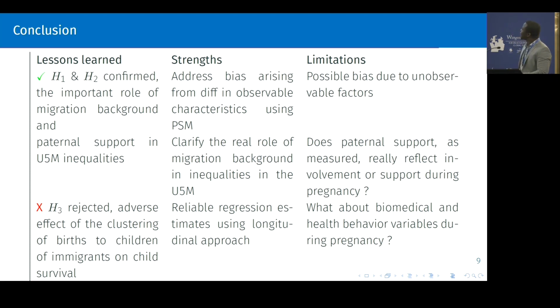And the other limitation is the variable of paternal support. And we can ask if the way we measure it really reflects involvement or support during pregnancy. And the last limitation is the lack of biomedical and health behavior variables during pregnancy.